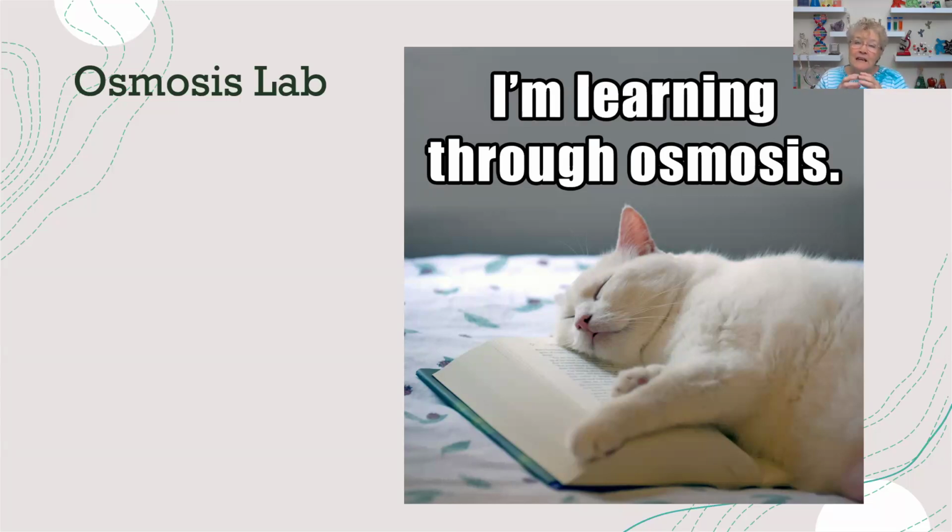Now the water is going to leave the egg and try and spread out the sugar particles that are in the Karo syrup. It has a lower concentration of water inside the egg than on the outside of the egg. So the water is going to move out. It's going to try to reach equilibrium through this process of osmosis.